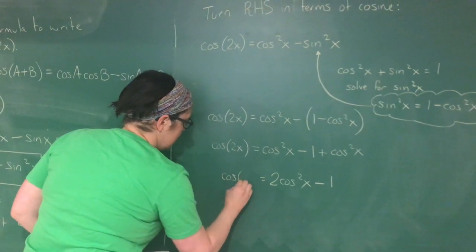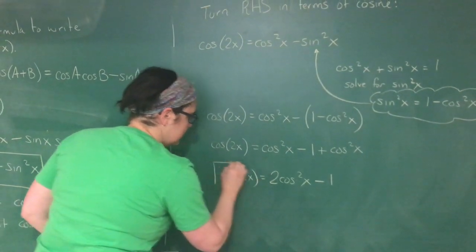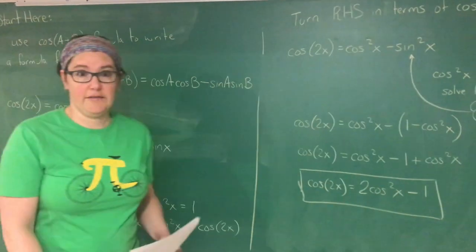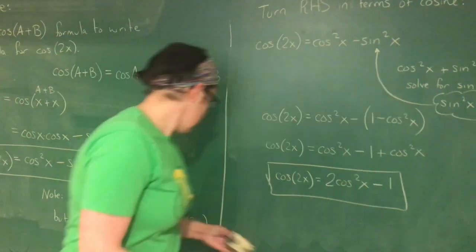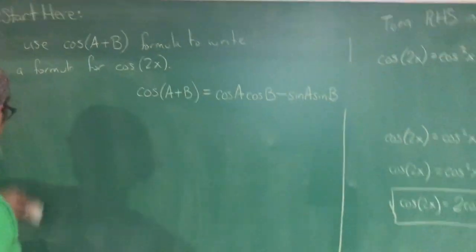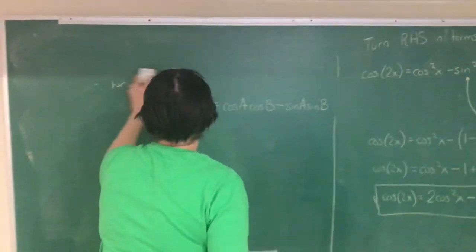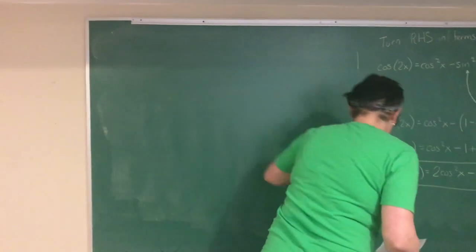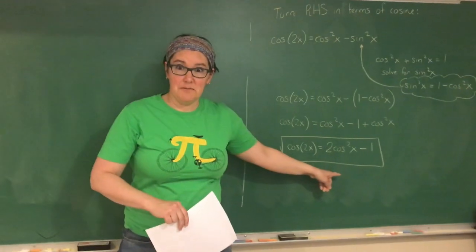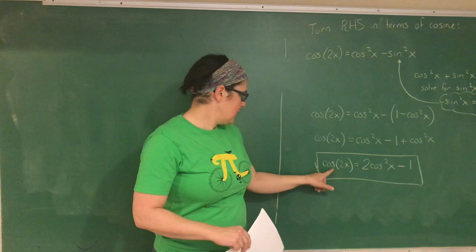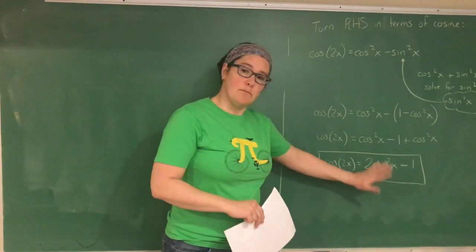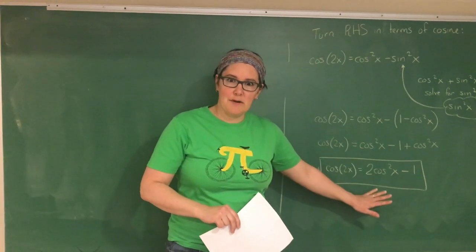So we have cosine of 2x is equal to 2 cosine squared x minus 1. Awesome. By the way, here's another double angle identity. Cosine of twice an angle, this is a double angle identity. Okay, we've got that guy. That's another piece of our puzzle.